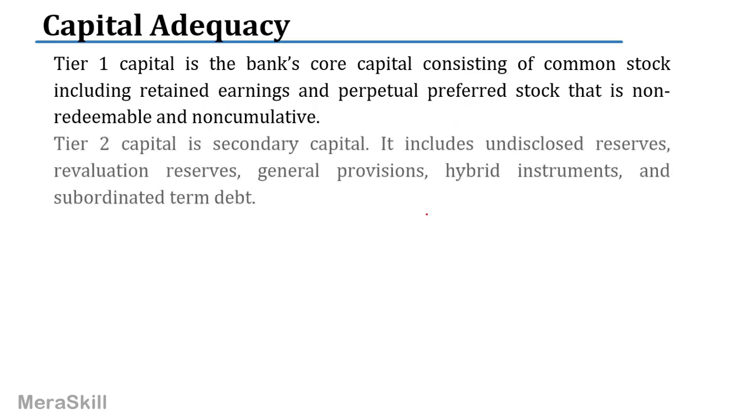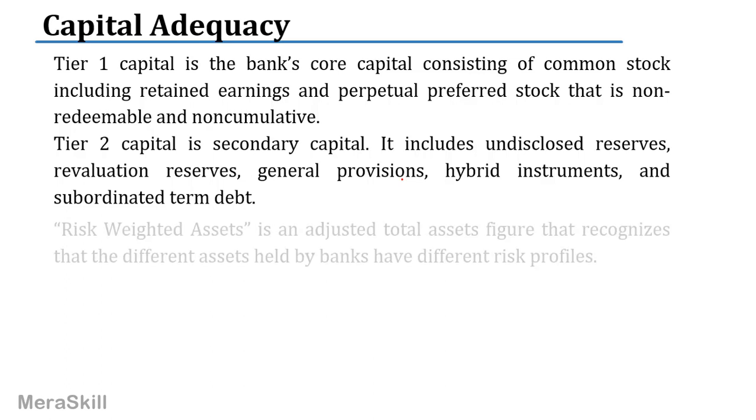That is Tier 1 capital. Tier 2 capital is secondary capital: revaluation reserves, right? They have not come in the form of cash. Undisclosed reserves, general provisions, hybrid instruments, and subordinated term debt. That is Tier 2 capital.